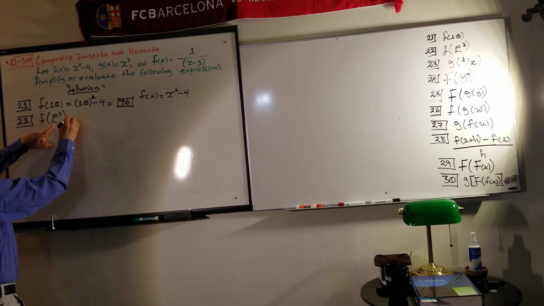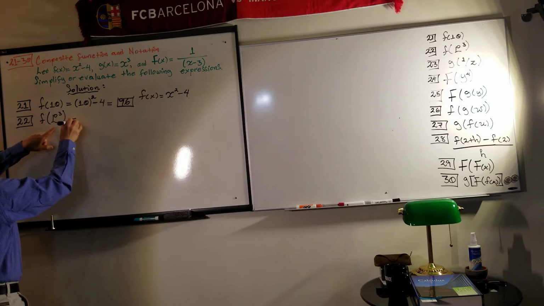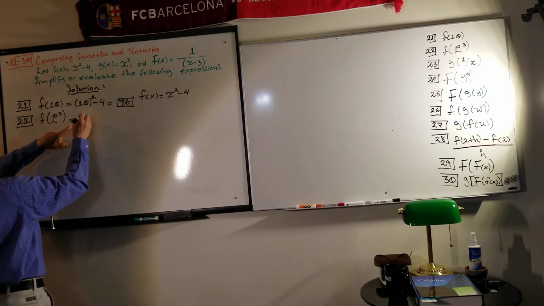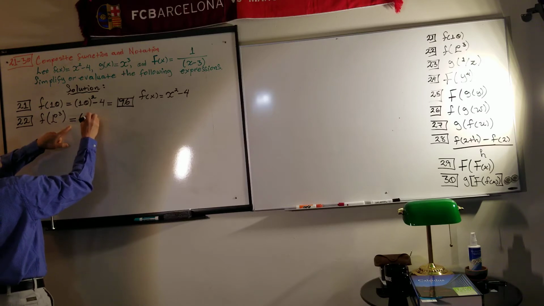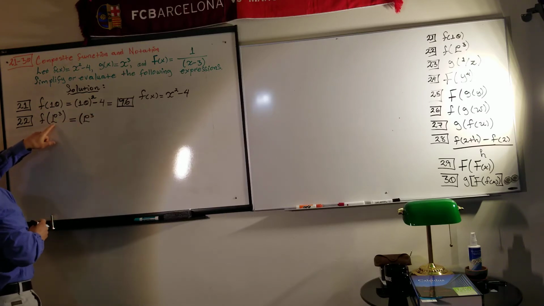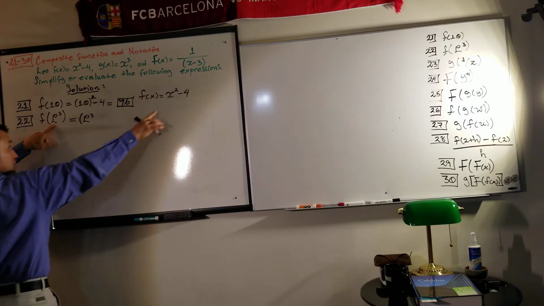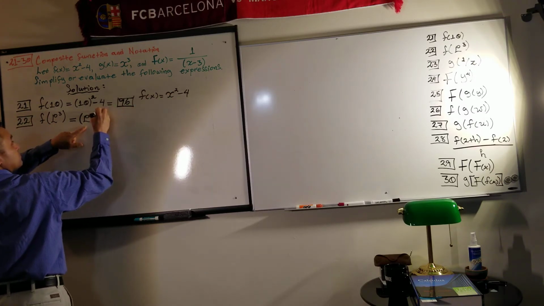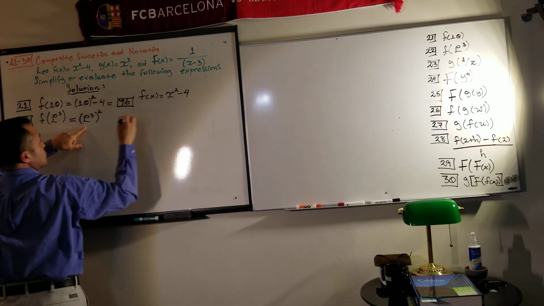So f of p to the third is equal to, in other words, p to the third, which is the substitution for x, to the second power, minus 4.